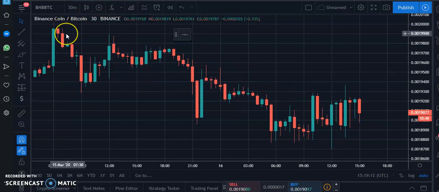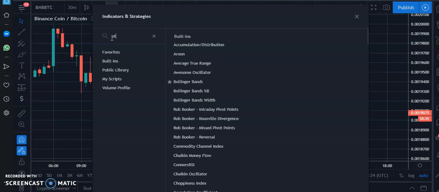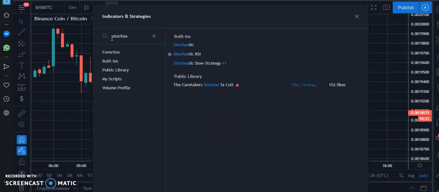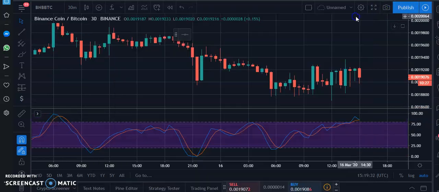We want to look at the Stochastic RSI, so you go to this very place that says indicators and strategies. Click on it and then we search for Stochastic RSI. It's already indicated here, so we click on it and it's showing already.